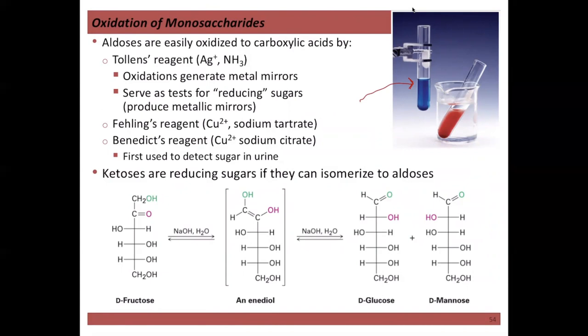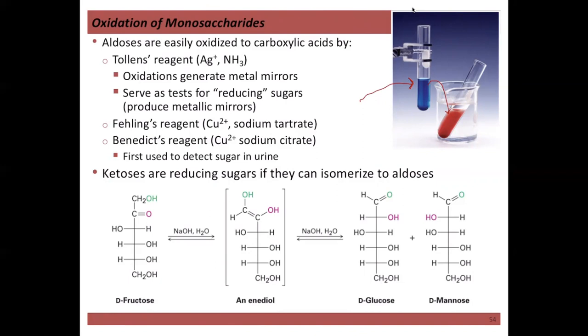They're probably in a basement with no windows, heating up urine all day over a Bunsen burner, looking for conversion into the red. And depending on how red it turned, you could actually tell how much sugar they had in their solution. We now have much easier ways to do that and avoid lab technicians tasting urine or heating up test tubes of urine. But the process is still the same.